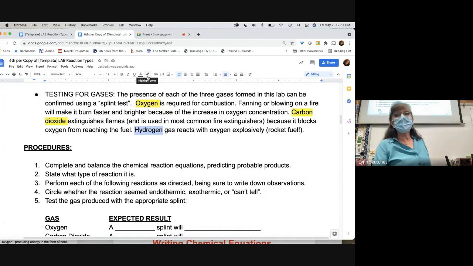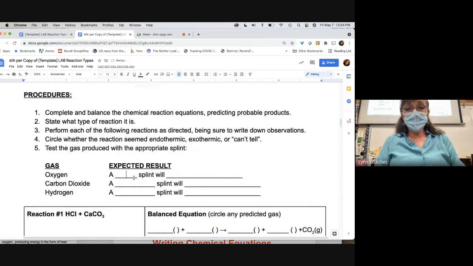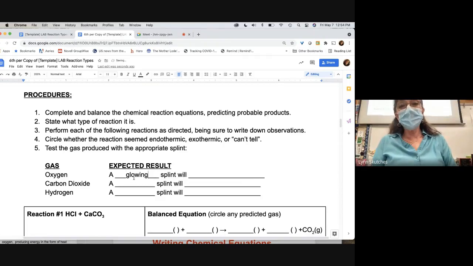We're going to just use a little tiny bit, and it will go boom, except it won't go boom. It'll sound kind of pitiful actually in here. For oxygen gas, we're going to test it when I tell you, not today. You're going to use what's called a glowing splint. If you get really lucky, that glowing splint will relight, but it might only glow brighter.